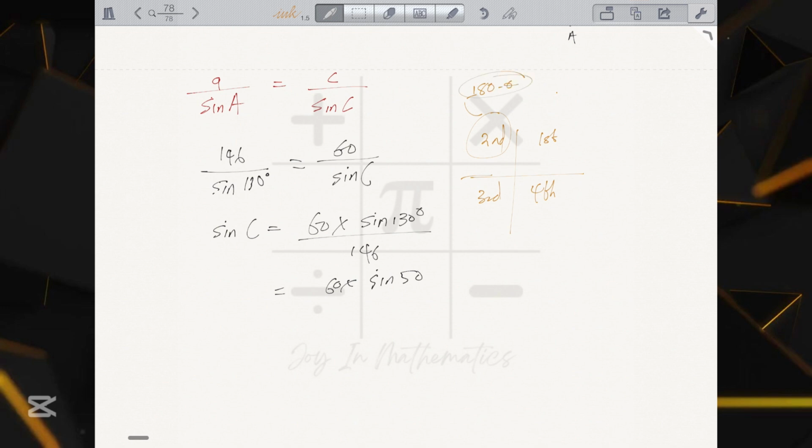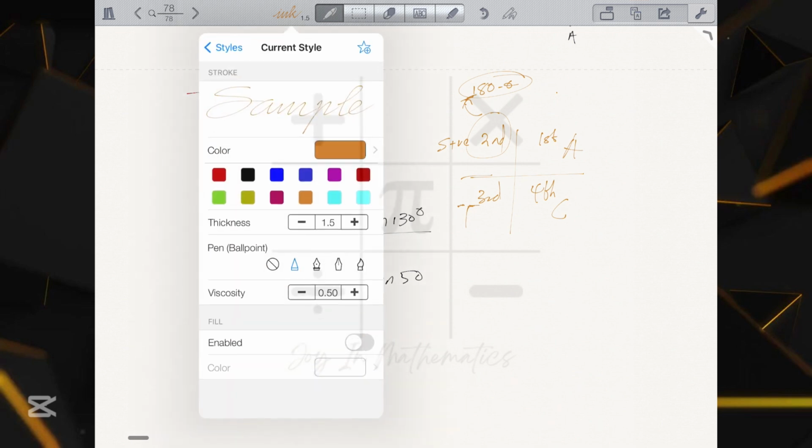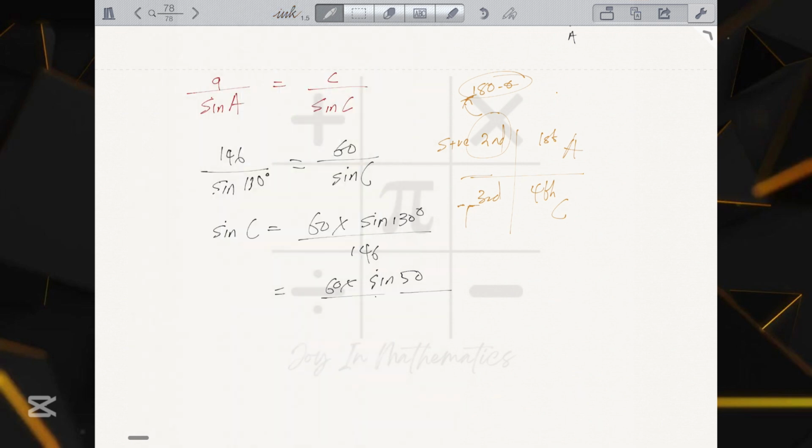This we did in our early stages of trigonometry, and sine is positive here. All is positive in the first, only tan is positive in the third quadrant, and cosine is positive in the fourth quadrant. So we'll have 60 multiplied by sine 50 degrees divided by 146.